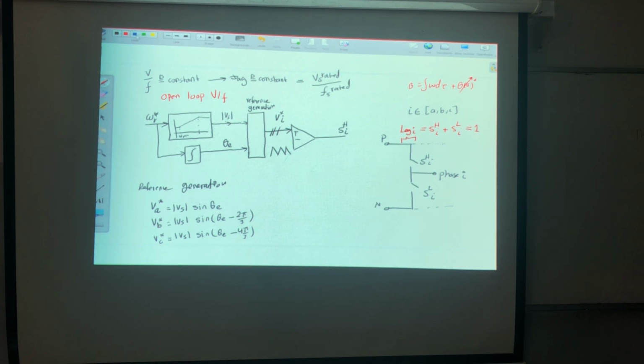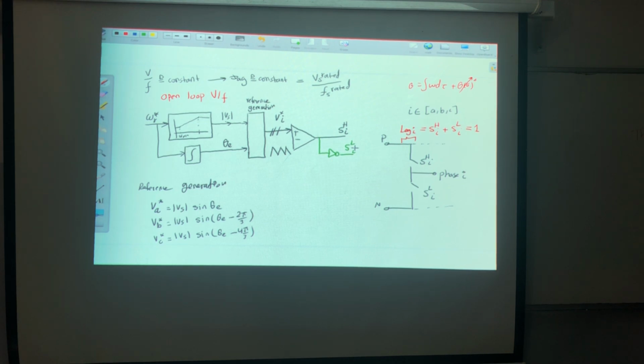So if this is the case, someone will say, okay, invert the signal, and this will be the gate pulse for the lower switch of leg I.